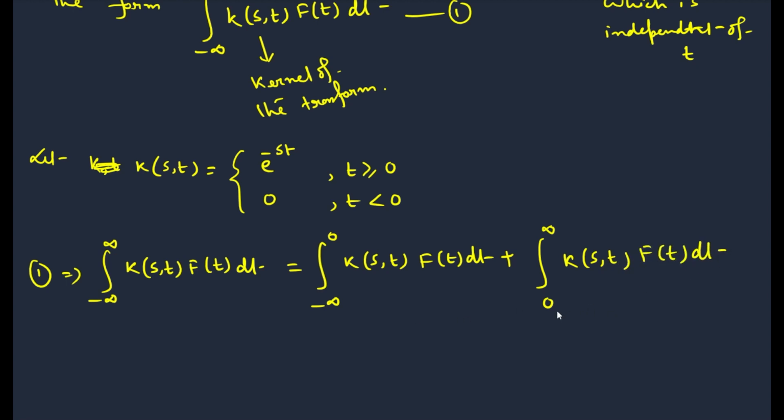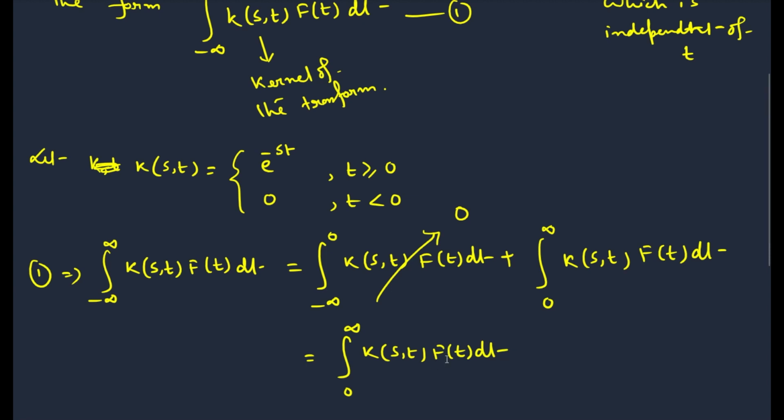We split it into two different integrals. But see here, t less than 0 means from minus infinity to 0. For minus infinity to 0, what is the kernel? The kernel is 0. So this particular integral will become 0, and we'll only have the integral from 0 to infinity of k of s comma t, f of t dt.